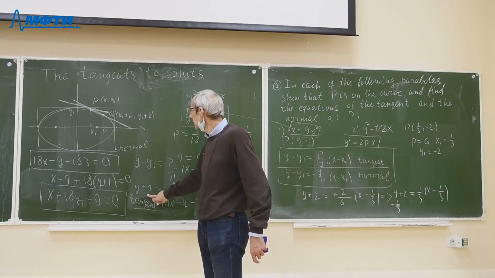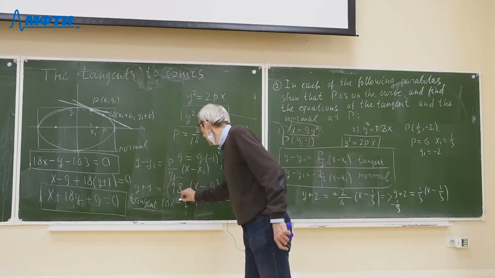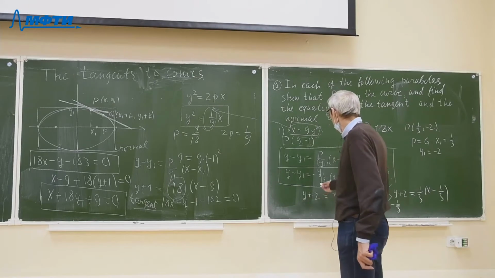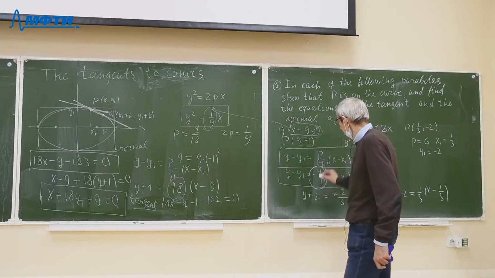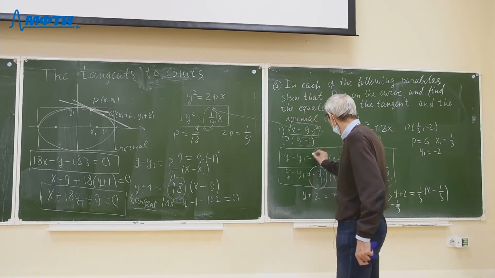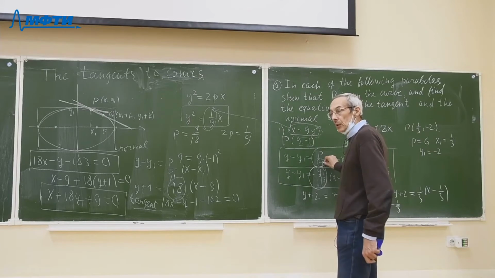But the fraction p over y1, is it 18 or I think it will be... This coefficient is a coefficient for the normal, and this for the tangent. This product is equal -1.